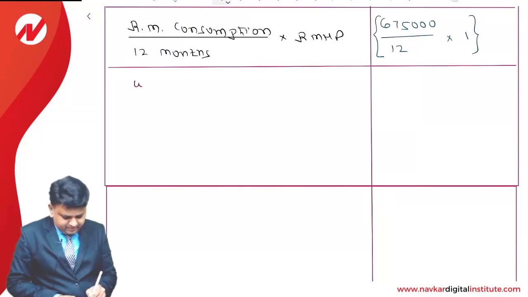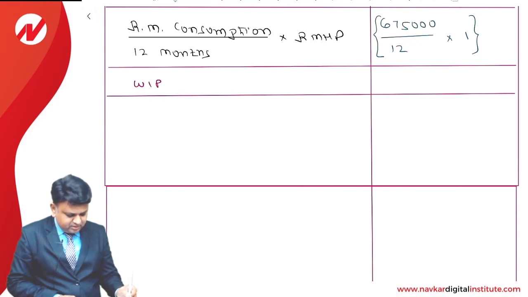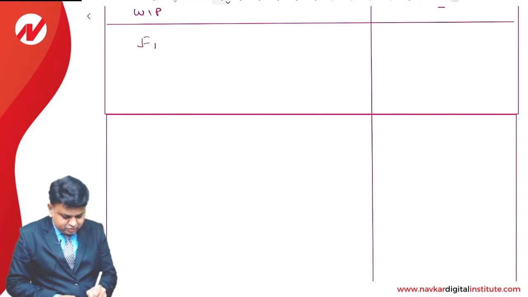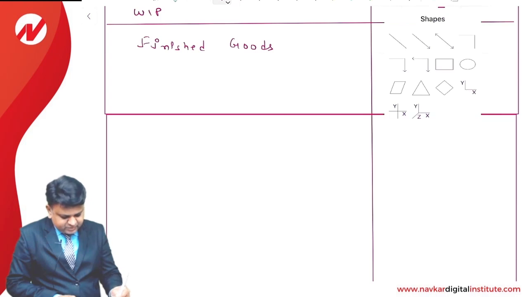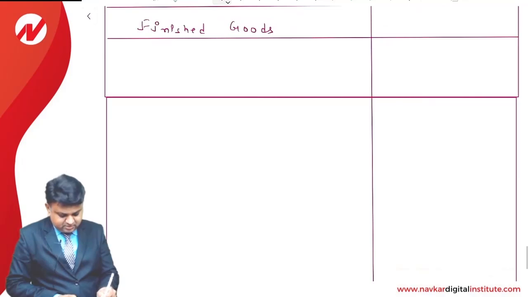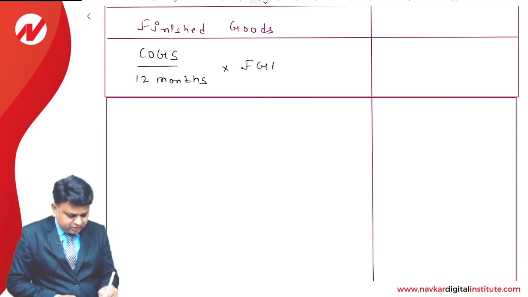Next is WIP. However, the question says to ignore WIP. So WIP is 0. Next is finished goods. As far as the finished goods stock is concerned, it can be calculated like this. Cost of goods sold divided by 12 months into finished goods holding period.